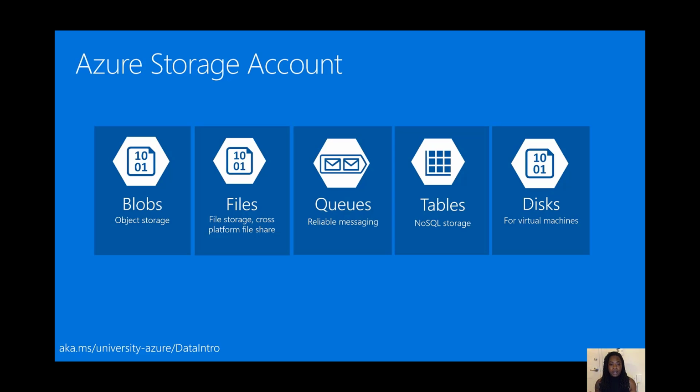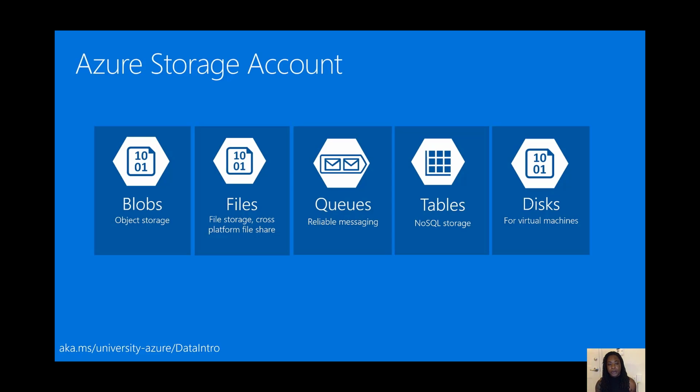When you create this file share, it gives you a little script that you can copy and paste into your favorite command line tool, and when you run the command, it makes a little virtual drive for you that you can upload any files to, and then it'll show up in your storage account.